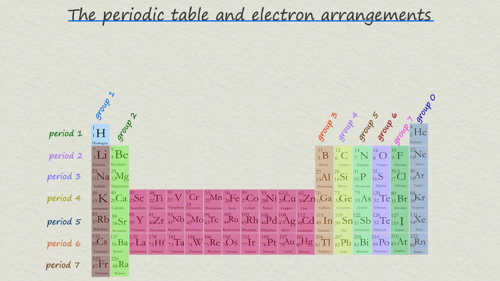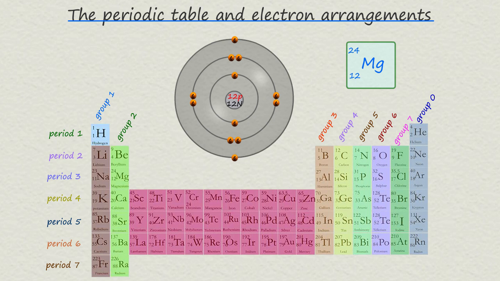For a moment consider the element magnesium. Now its electron arrangement was 2, 8, 2. Now the magnesium atom has 2 electrons in its outer shell or energy level, and it has 3 electron shells. Now if you look at the position of the magnesium atom in the periodic table, you will see that it is in group 2 and period 3.